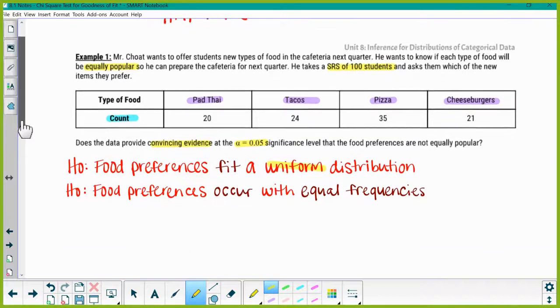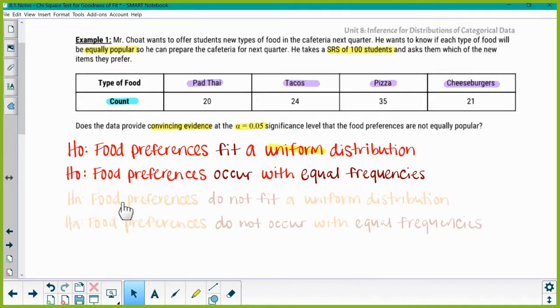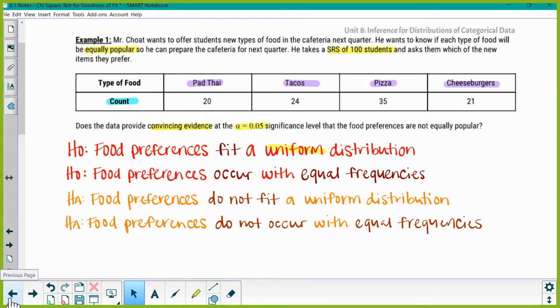Now, you only have to pick one, you don't have to do both. For the alternative, we just say that they do not fit a uniform distribution or they do not occur with equal frequencies. Either one is okay as long as you pick the matching pair, either write about uniform distribution or write about equal frequencies.